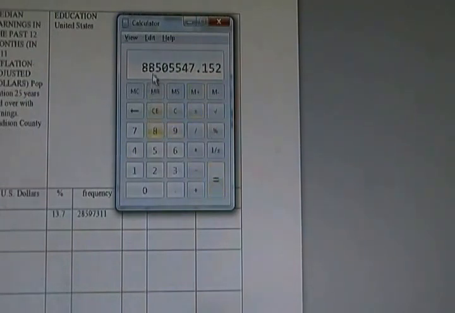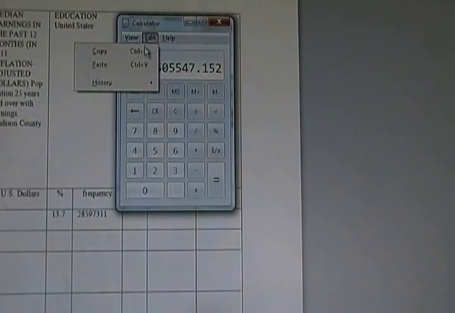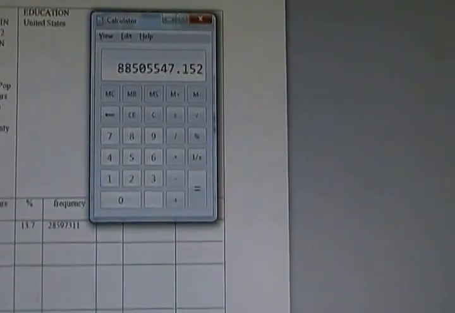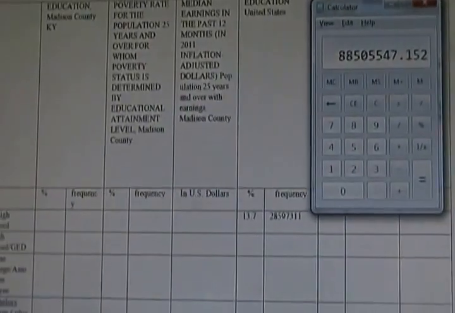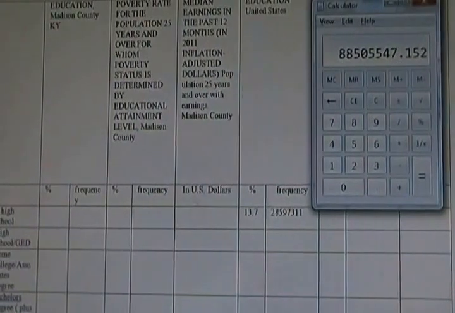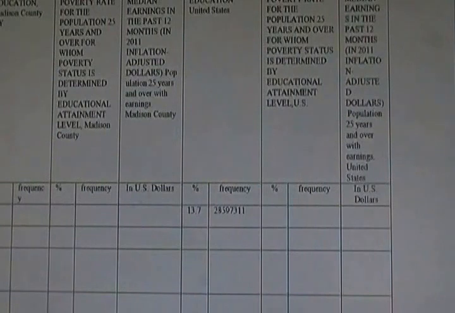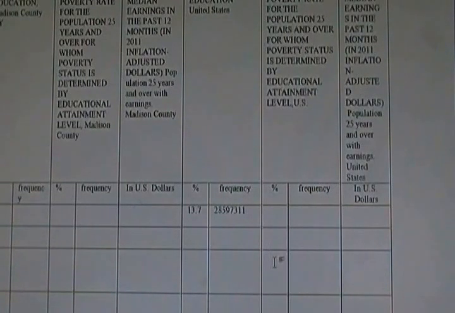Again, we round off, gives you 88,505,547. So go down to your chart. Copy that there and take off these decimal places, because a human being can't be a decimal place. Okay. Now you can go ahead and figure out everything else.